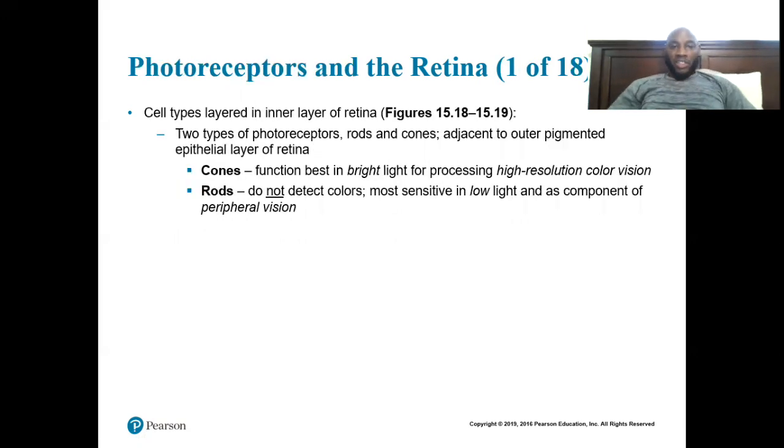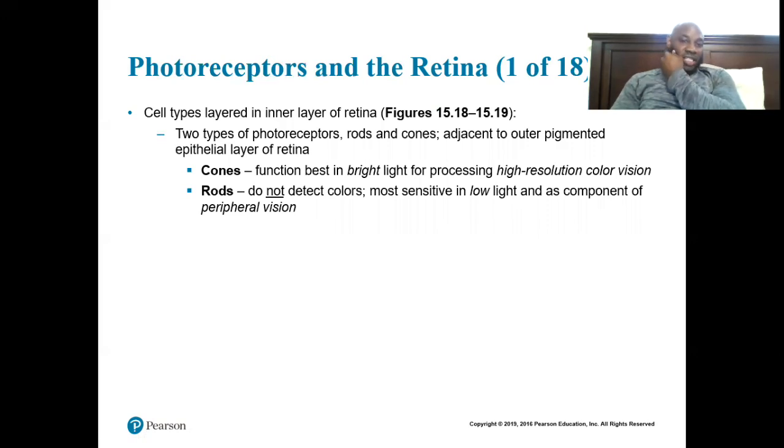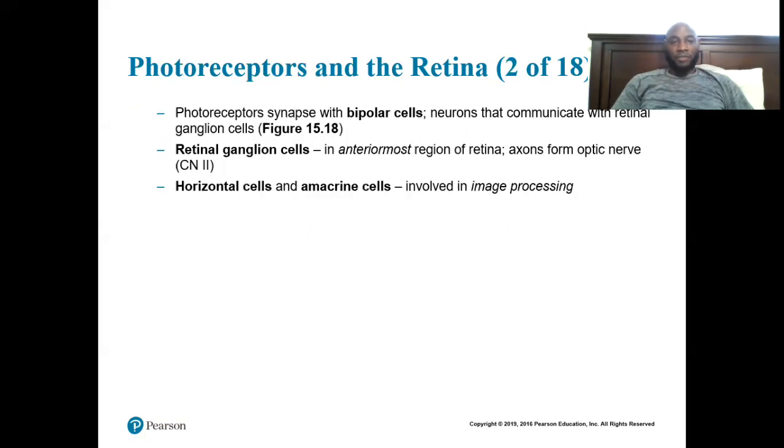All right, so how does this work? Cell types layered in the inner layer of the retina. Two types of photoreceptors, rods and cones, adjacent to outer pigmented epithelial layer of retina. Cones function best in bright light. Remember, we said the cones process color. The rods are more sensitive in low light, and a component of peripheral vision. Your black and white.